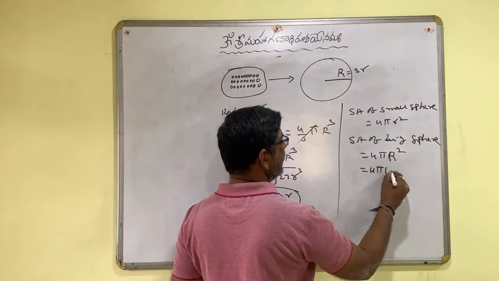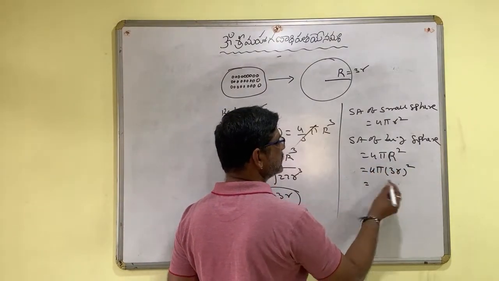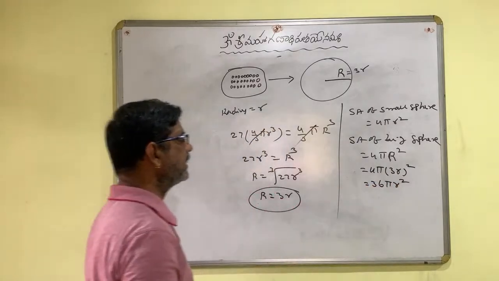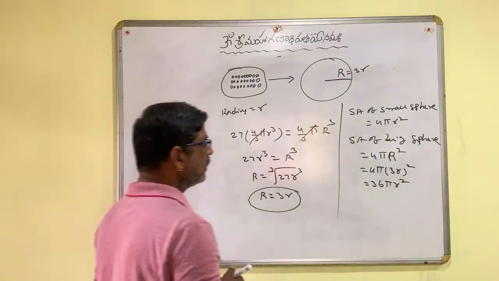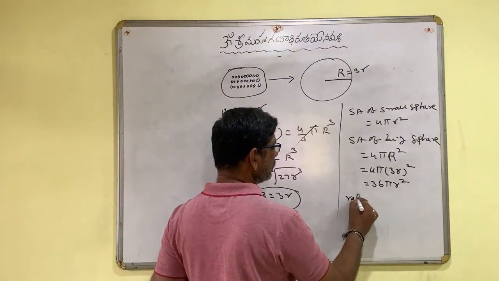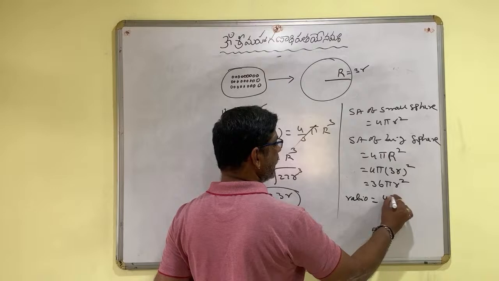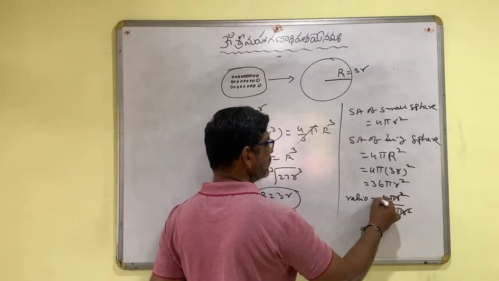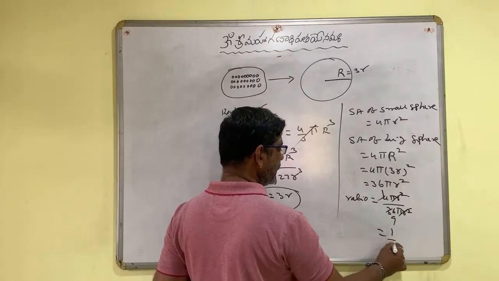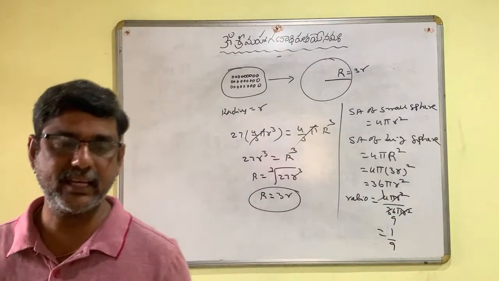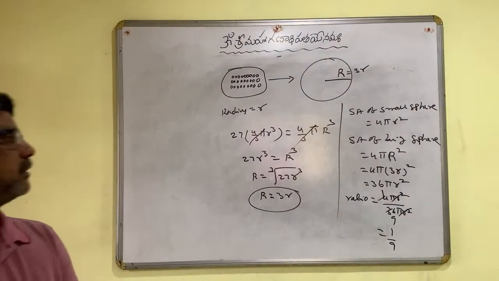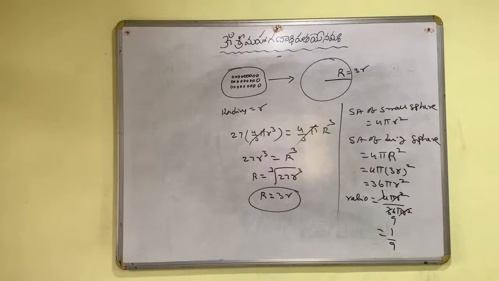So 4 pi into 3r whole square, which is 36 pi r square. Now the ratio: 4 pi r square by 36 pi r square is 1 by 9. So the ratio is 1:9. Understand, children?